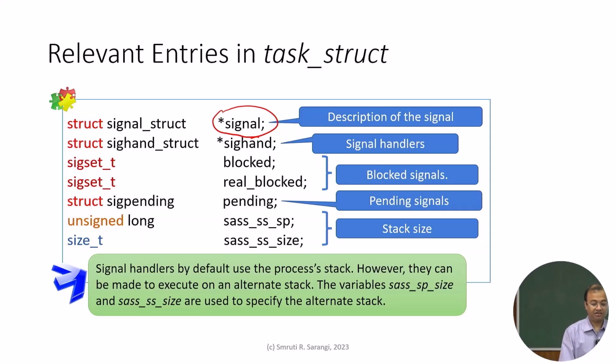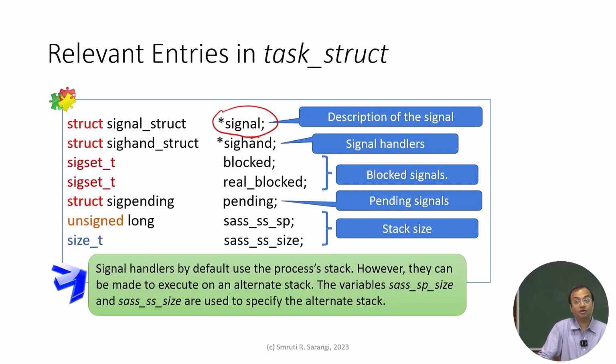Then we have blocked and real blocked. As I said, real blocked is the real set of signals you are not interested in. But when you are executing a signal handler, you have additionally blocked a few more signals. For example, say the signal handler is handling the signal sig user 1.